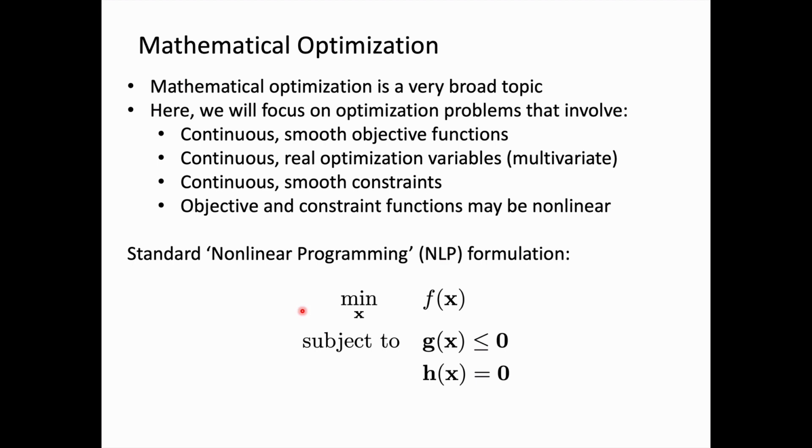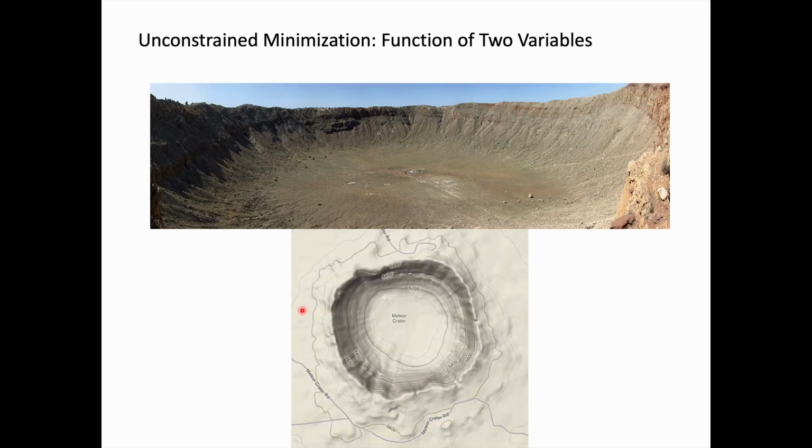We can visualize what a nonlinear programming or continuous optimization problem looks like by thinking about trying to find the minimum of a surface. Earlier we were looking at finding the minimum value of a curve, but if we have a function of more than one variable, then it's not just a curve.